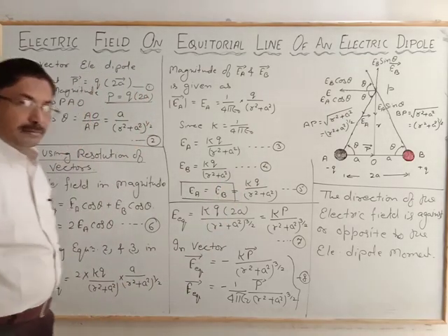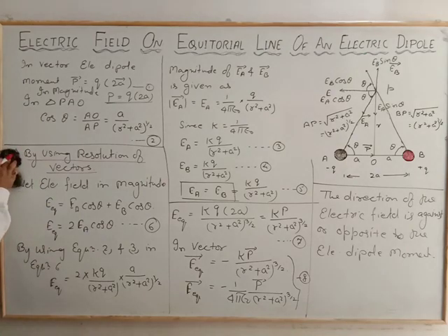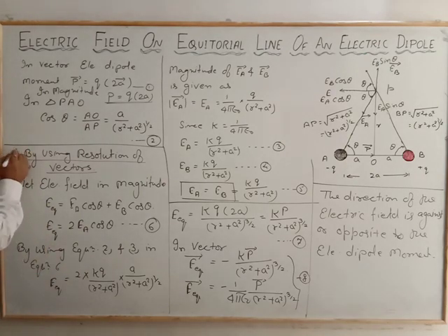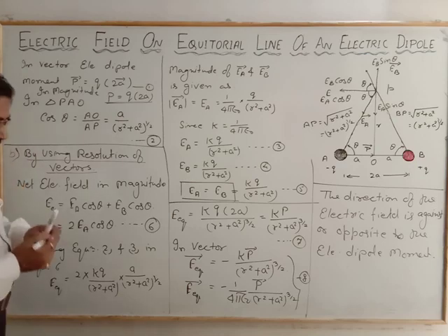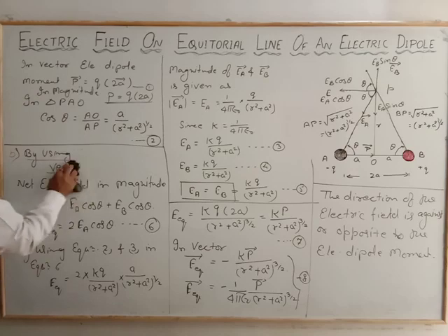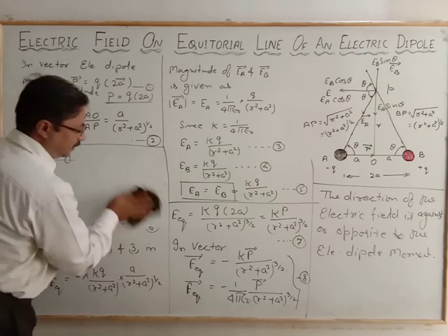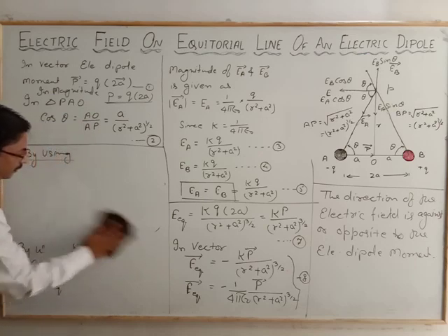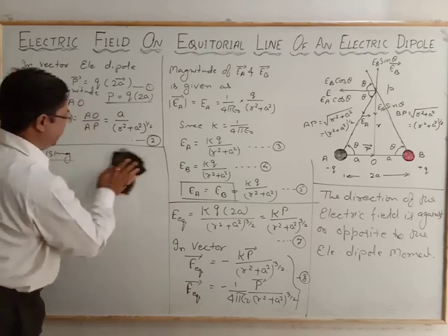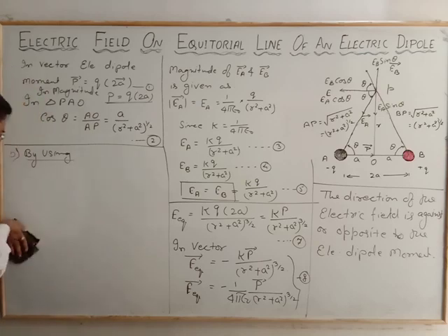Now, using another method, the second method, in place of resolution we use the magnitude of the two vectors, and by that we obtain the relation for the electric field.